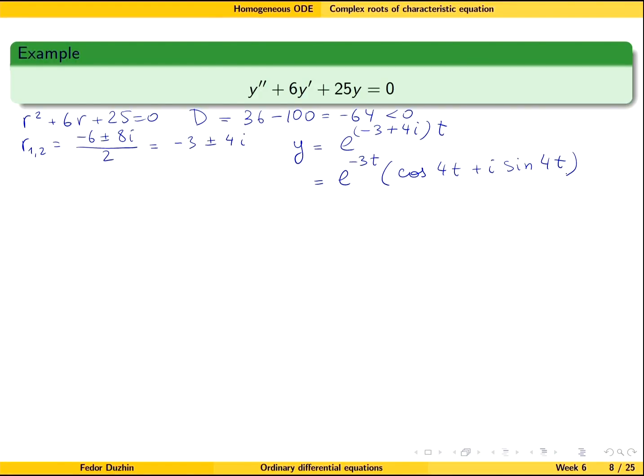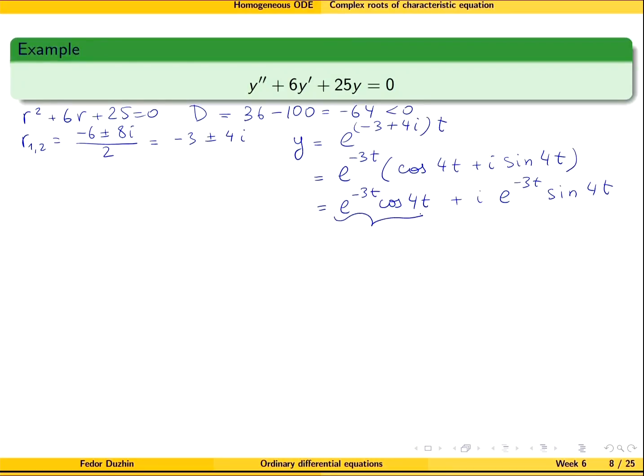But this is a complex number, so of course if a complex number equals 0, it means that its real part is 0 and its imaginary part is 0. Essentially it means that the real part and the imaginary part of this are both solutions of the differential equation. So let me rewrite it with the real part, e to the minus 3t cosine 4t, plus i e to the minus 3t sine 4t.